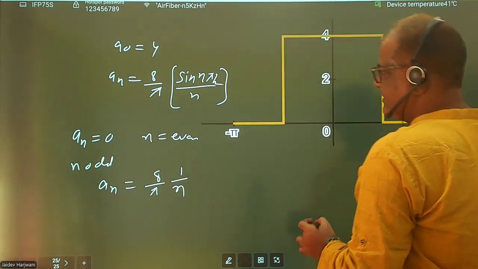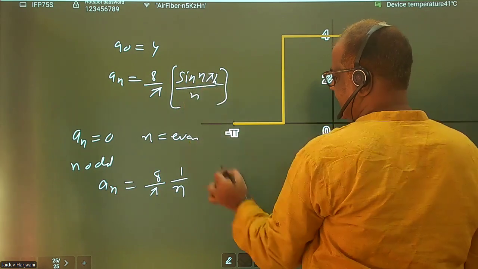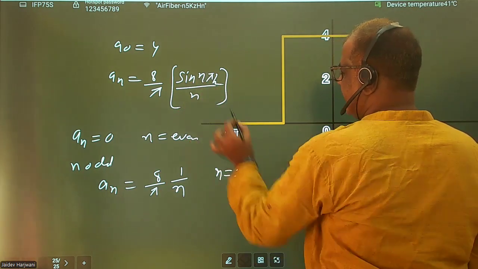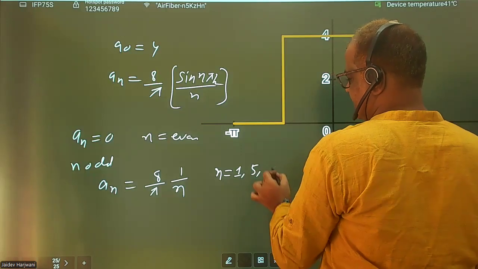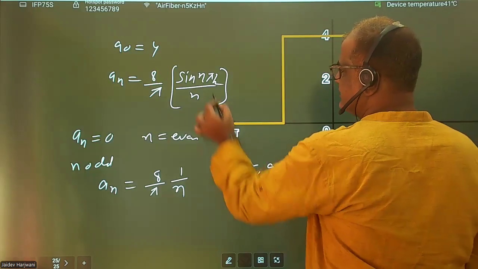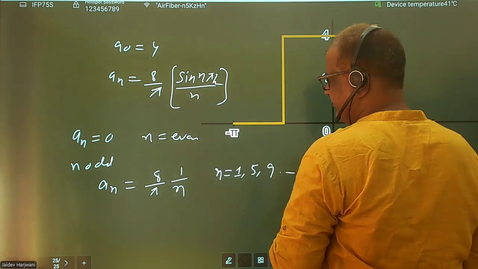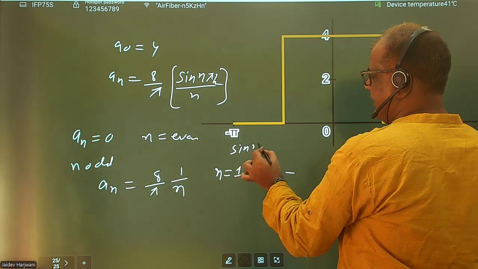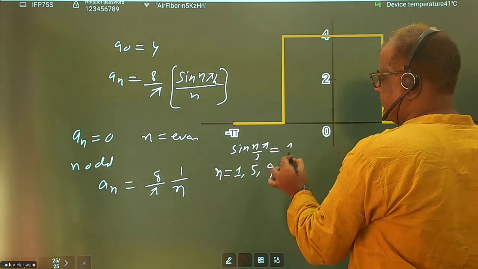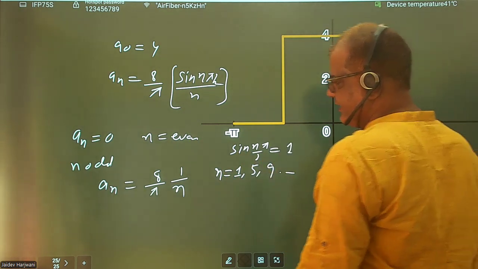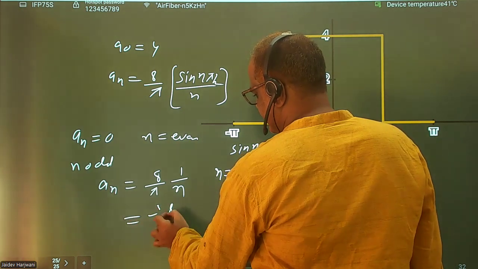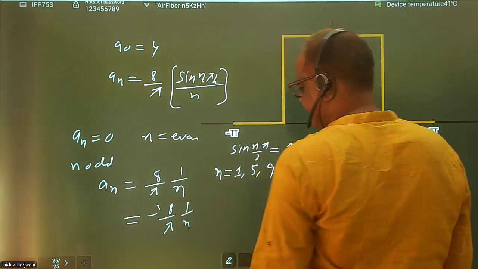For n equal to 1, 5, 9, sine n pi by 2 will become 1, and an becomes 8 upon pi times 1 upon n.